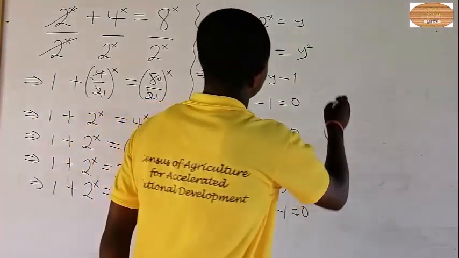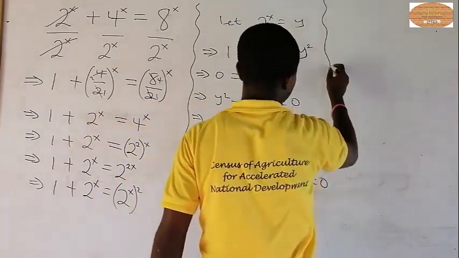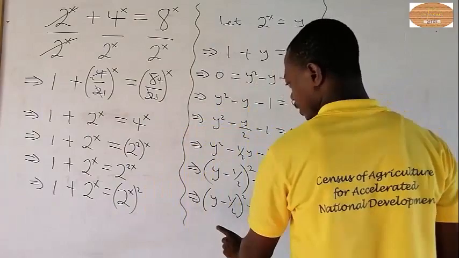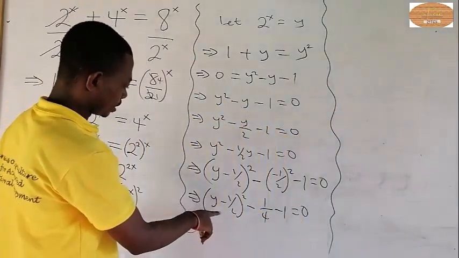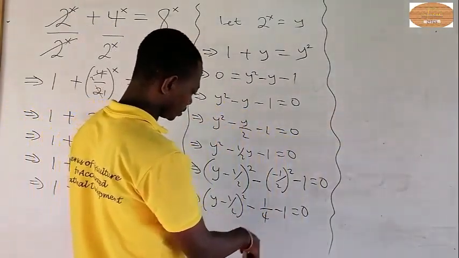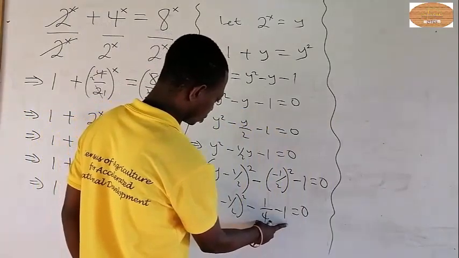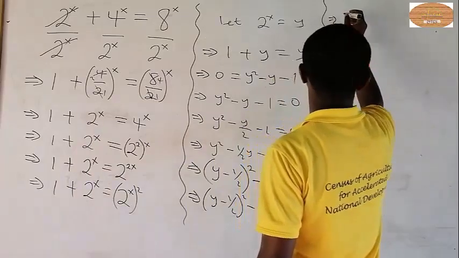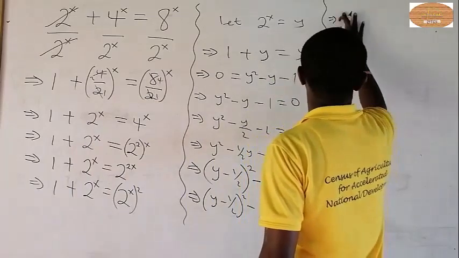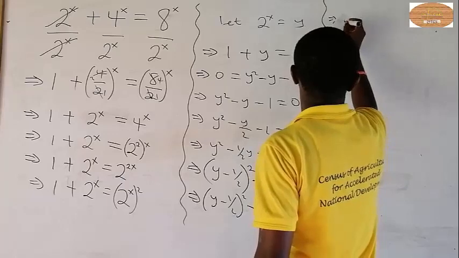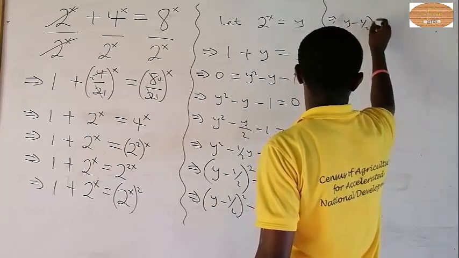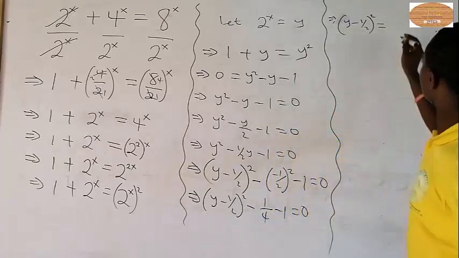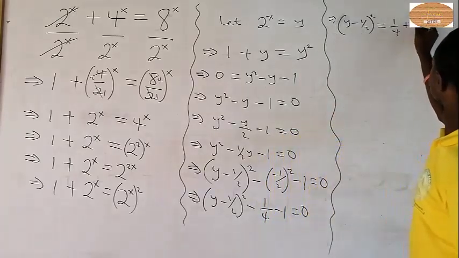Alright, so let's move on with that. So we have this one, y minus half all squared. So let's add this one. Let me send this one to the other side. So this one will be positive 1 over 4 plus 1.